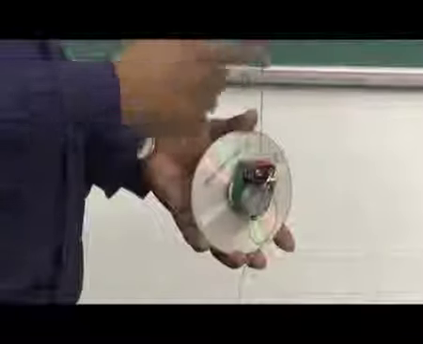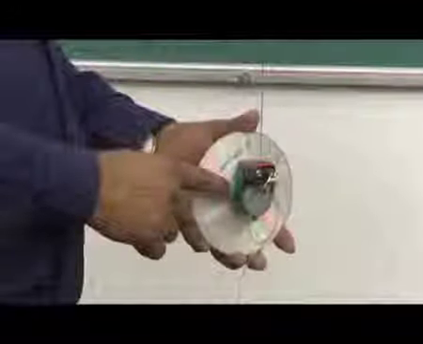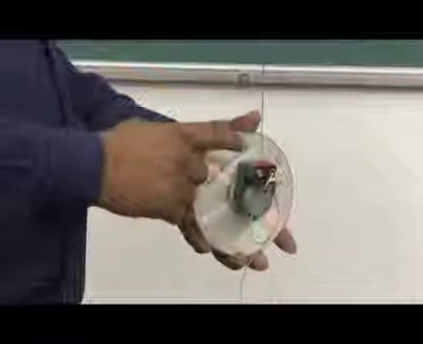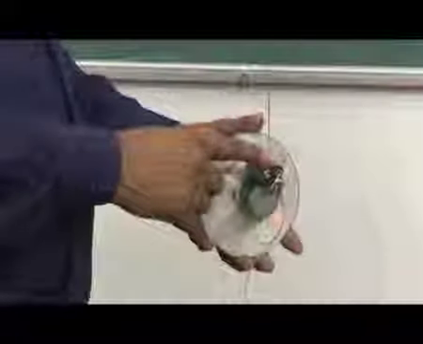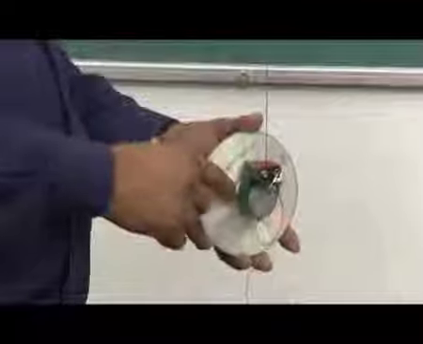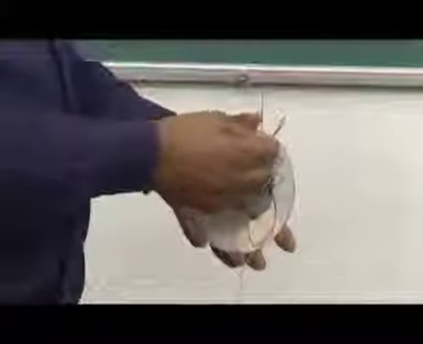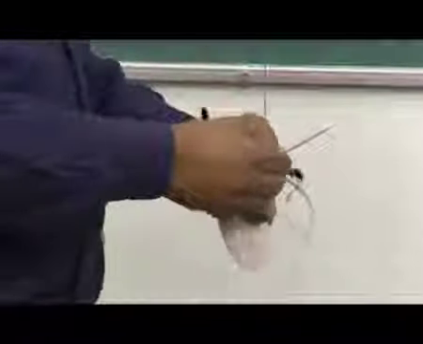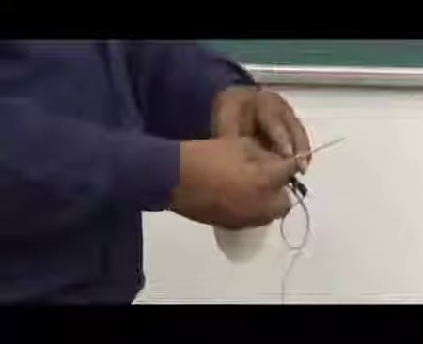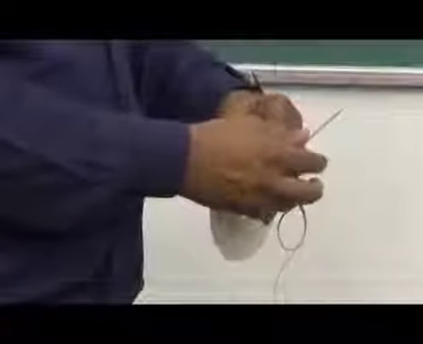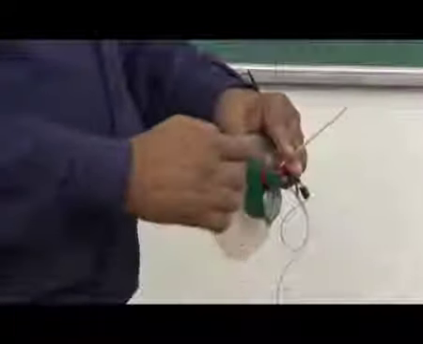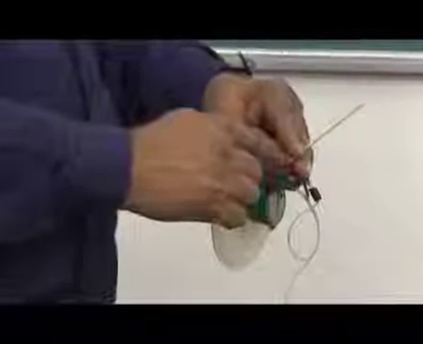So you have r vector from the origin to the point where this force is acting. So this is that r vector, and this is that force f vector. What is this r vector? From the center of mass to the point where this thread is tied.